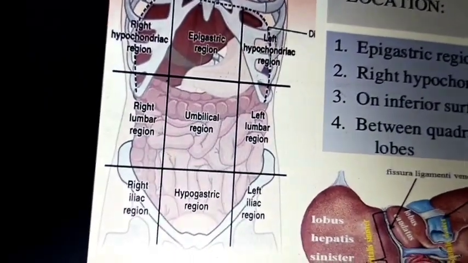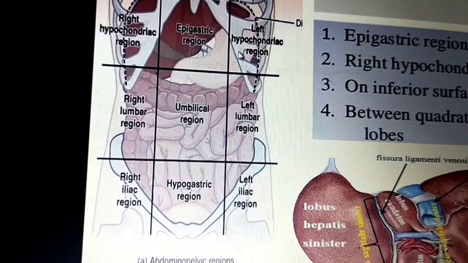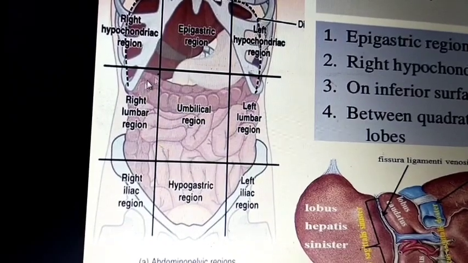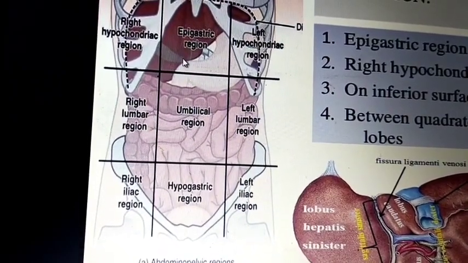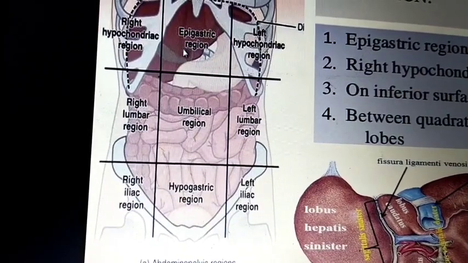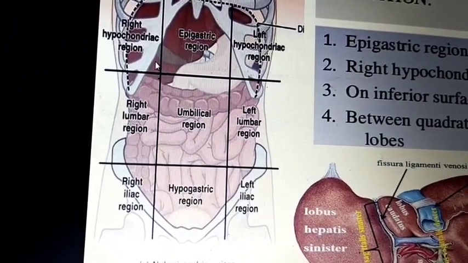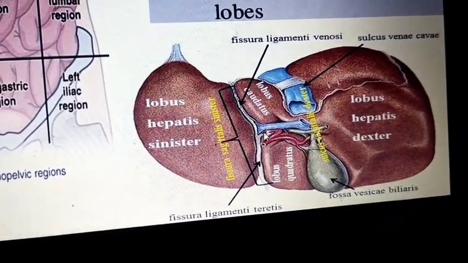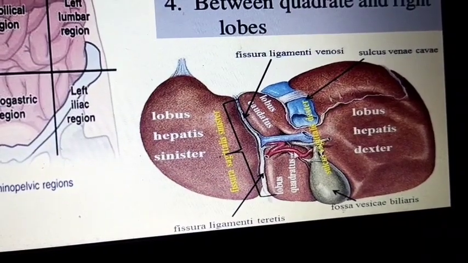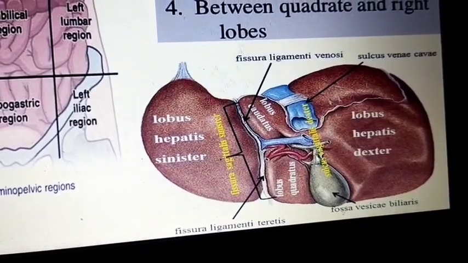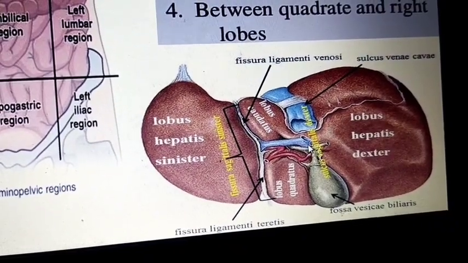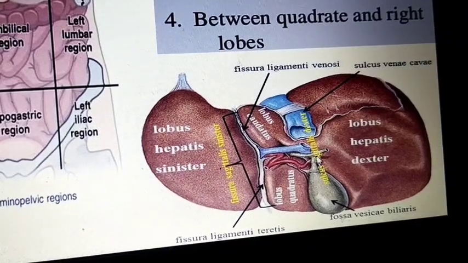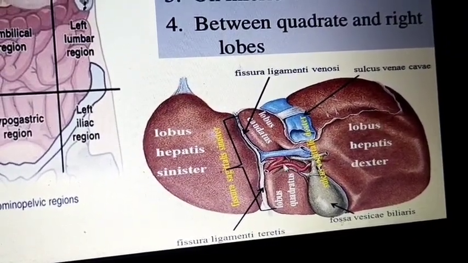Here to here you can see the inferior border of the gallbladder, and it is present in between the quadrate lobe and the right lobe of the liver. In this you can see the porta hepatis, with the right end superiorly. Porta hepatis means this is the portal vein, this is the common hepatic duct, and this is the hepatic artery.